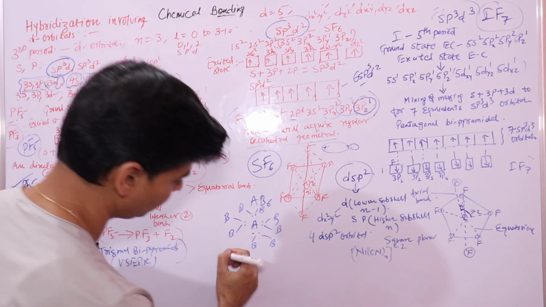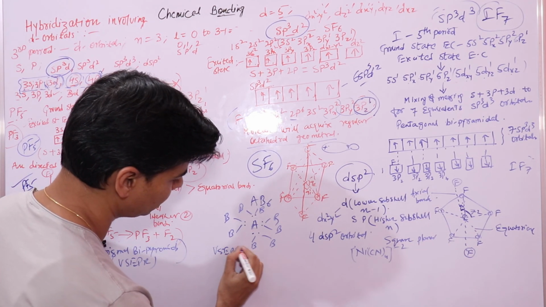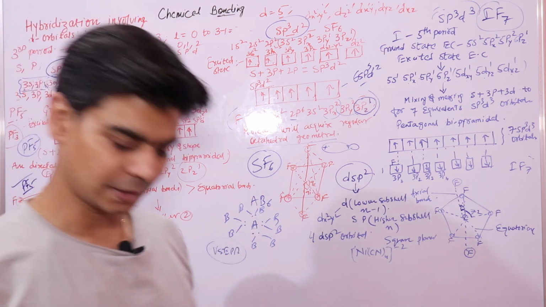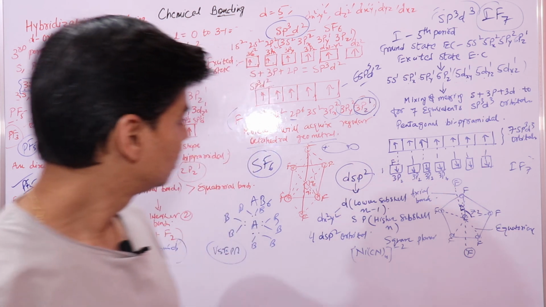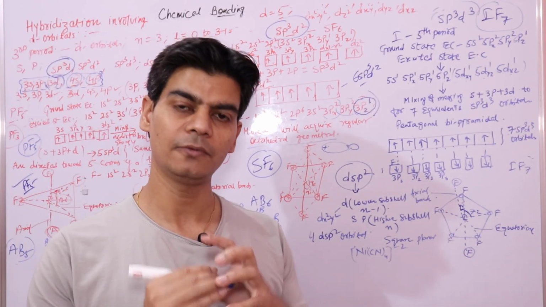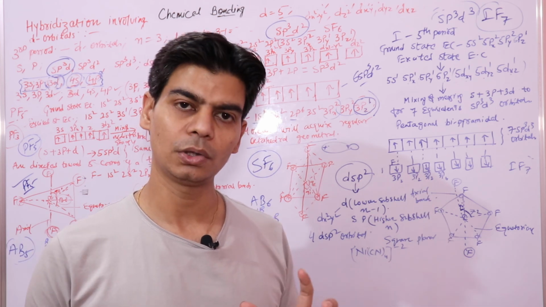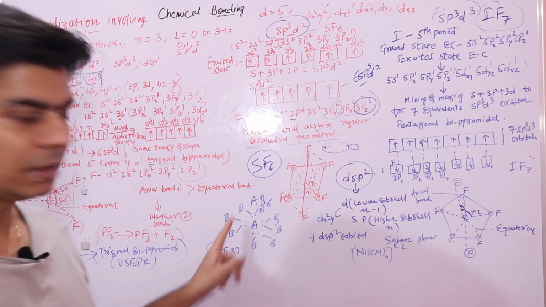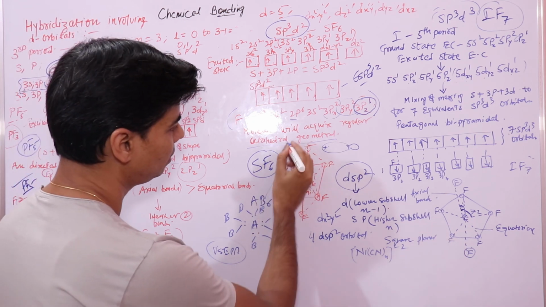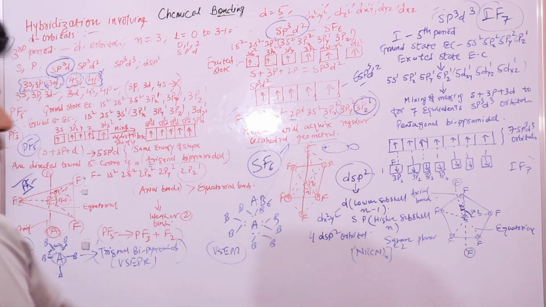From VSEPR theory, this is the explanation that you will give: the 6 bond pairs surrounding this central atom will acquire octahedral geometry, in which these 6 bond pairs would be far away from one another to give maximum stability to the molecule.